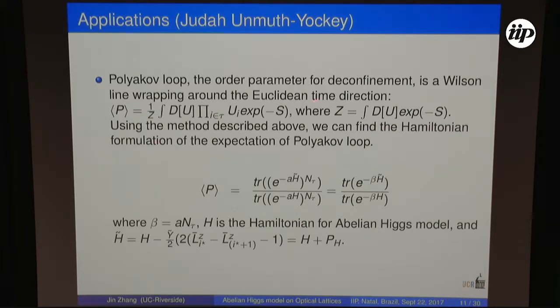Actually, it's just the expectation value of a product of U on a single vertical line, the world line. Using our method, we can also express this expectation value in the Hamiltonian formulation.